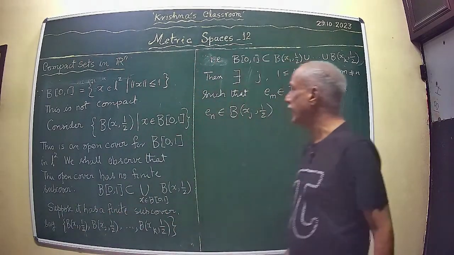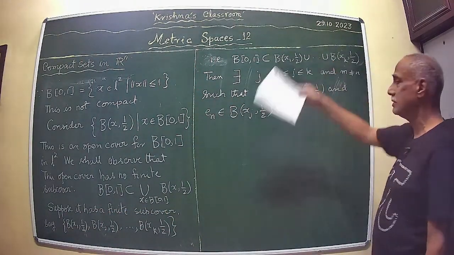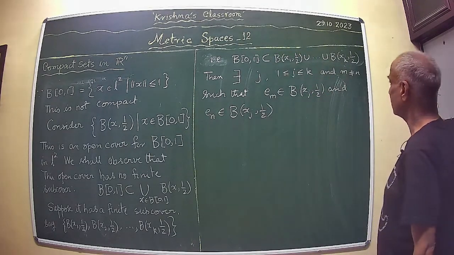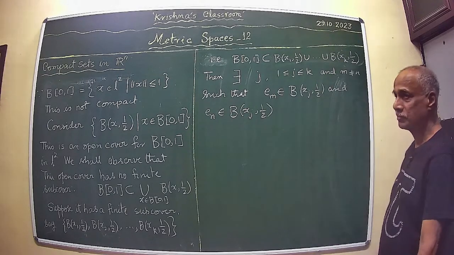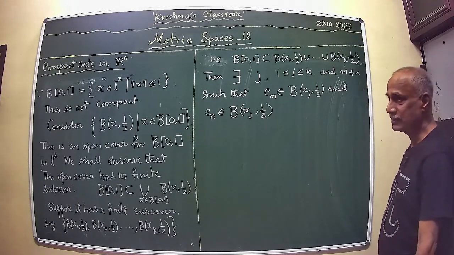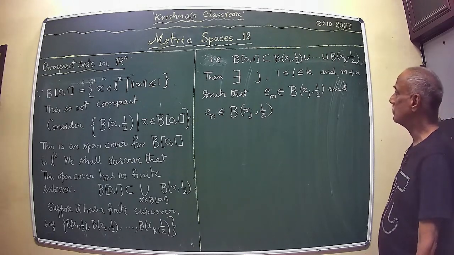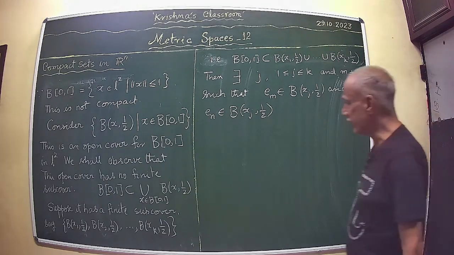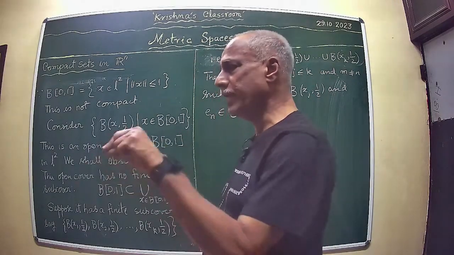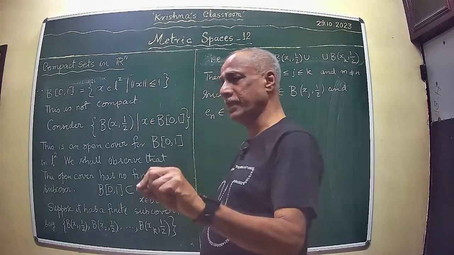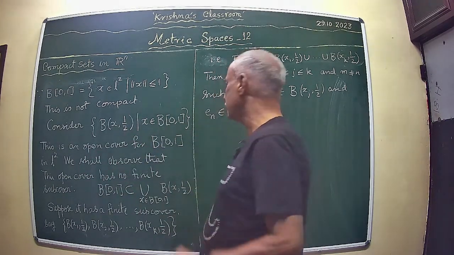Therefore it has to be distributed in all these B(xj, 1/2) because it's a cover. Therefore, necessarily there should be some B(xj, 1/2) in which two elements, namely em and en, where m is not equal to n, belong to it.